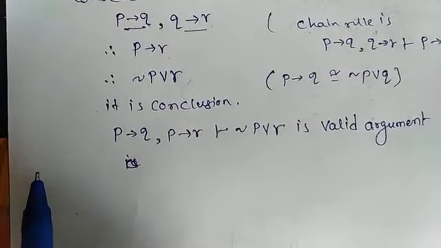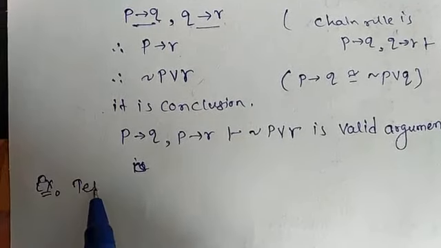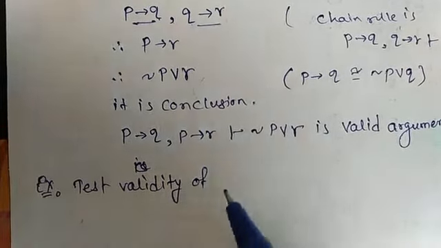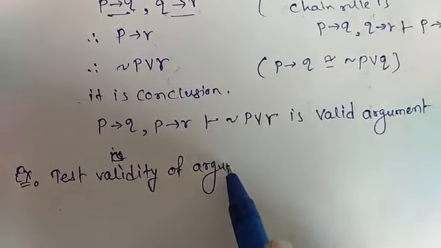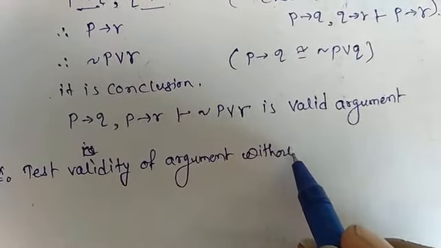Consider the next example. Test the validity of the argument without a truth table.